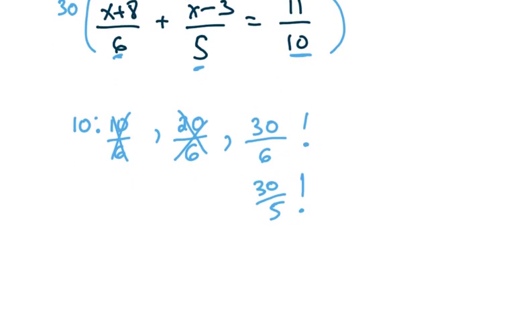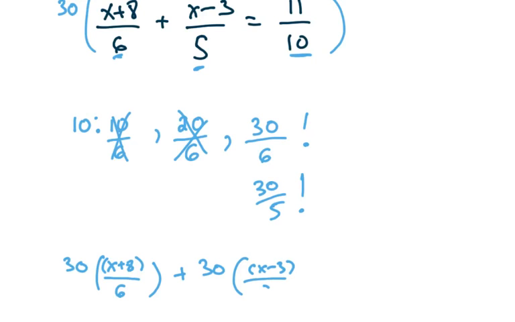And when we do this, we get 30 times x plus 8 over 6 plus 30 times x minus 3 over 5 equals 30 times 11 over 10.